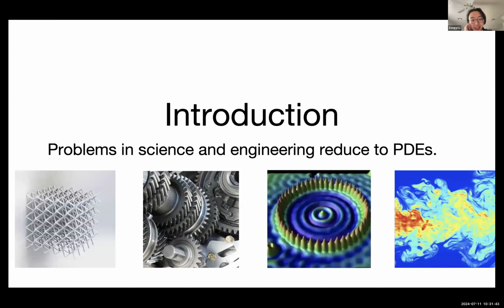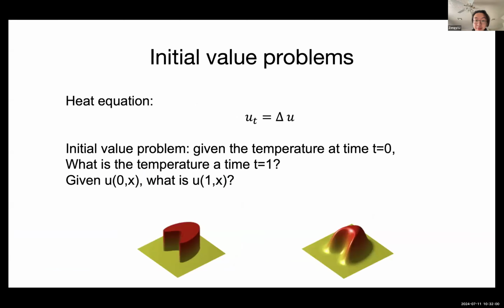Many problems in physics and engineering reduce to partial differential equations, and the main motivation of our line of work is to solve partial differential equations efficiently and accurately. Just a little bit of introduction.